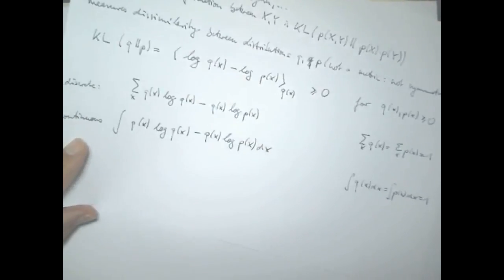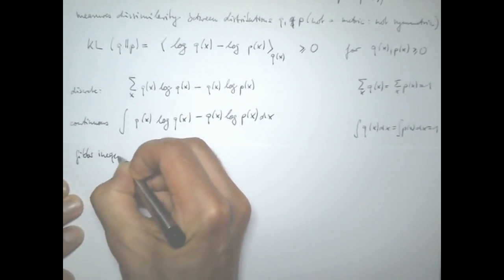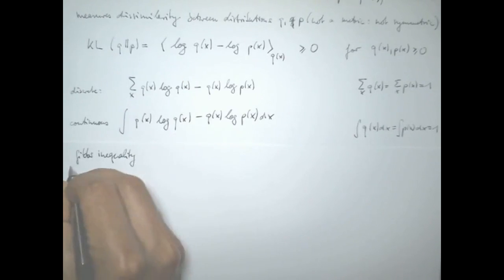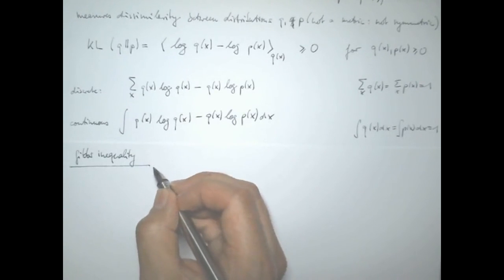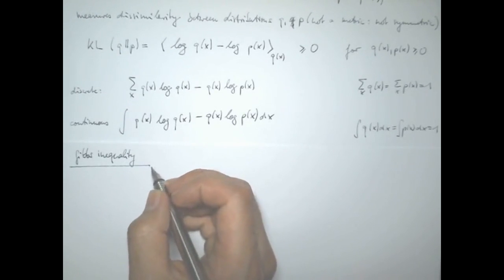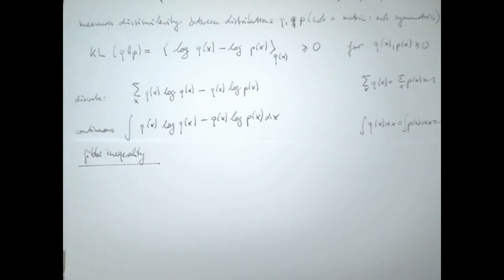Okay. Then for the Gibbs inequality, this lower bound that we use can be derived using either the Kullback-Leibler divergence and the Gibbs inequality, or it can be derived using Jensen's inequality.